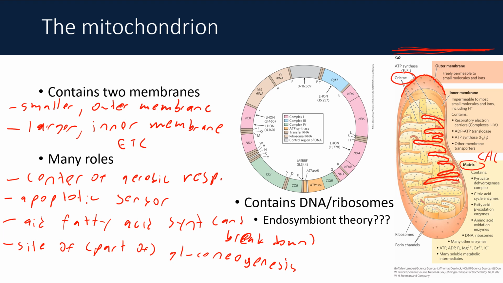Pyruvate carboxylase, PEPCK, the two enzymes that constitute the first bypass of gluconeogenesis, they're found in the mitochondria. It's also the site of heme and steroid synthesis. And it does really so much more than that, but we frankly don't have time to go into the details.